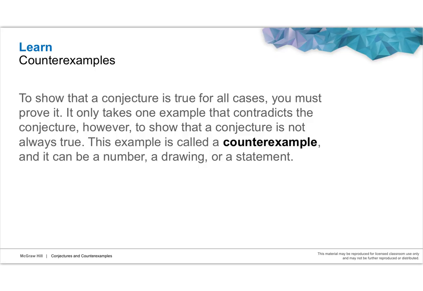And the example that you find to contradict the conjecture is known as a counterexample. That counterexample could be a number, could be a geometric drawing, could be just a statement. But if you find one that proves the conjecture is not true, then the conjecture is false.